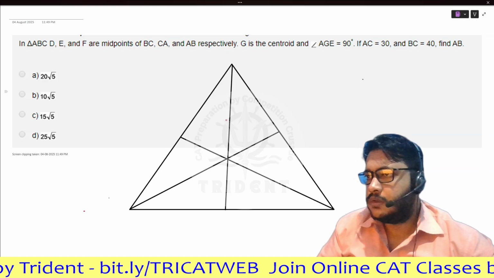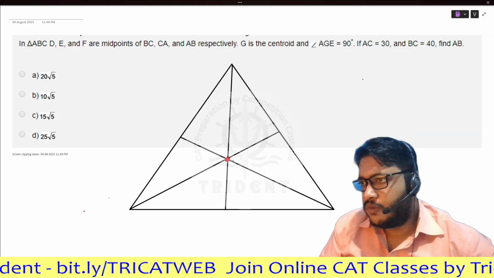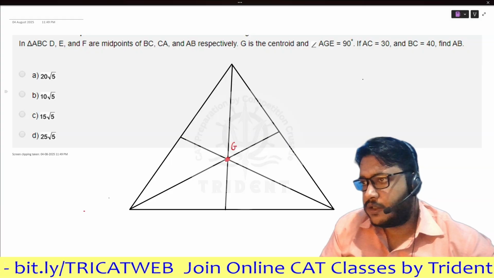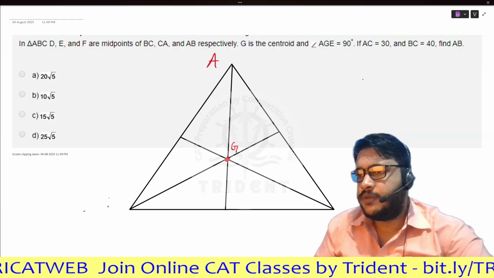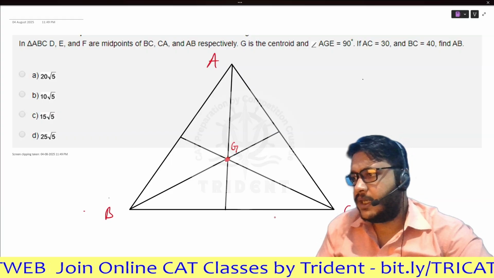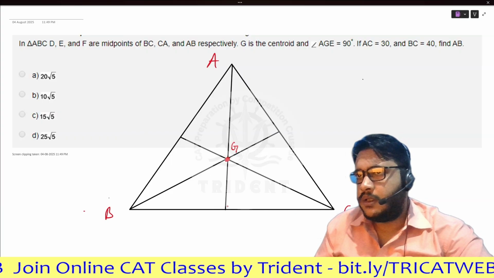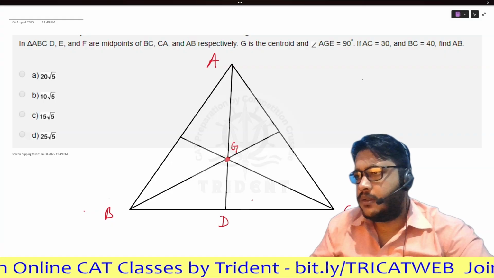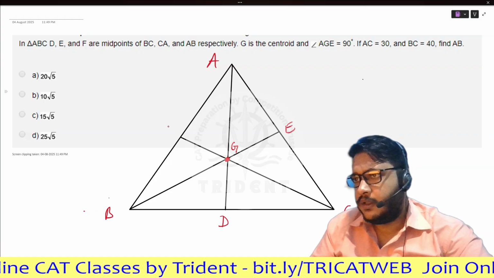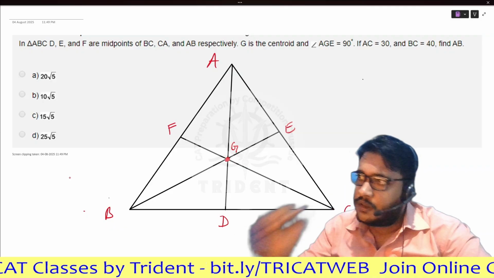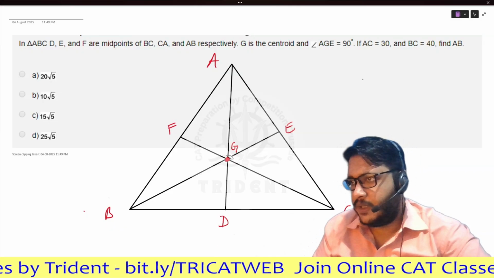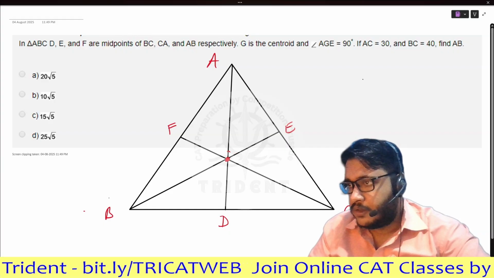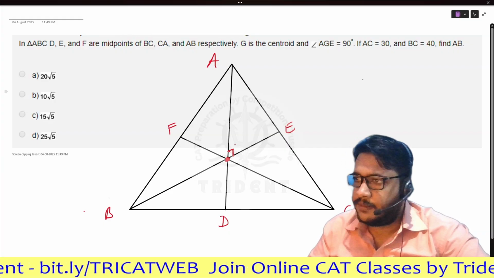Now this over there is definitely my centroid G. Let us consider this to be A, B, and C in that order. And F. G is the centroid, AGE is 90 degree. Okay, so that means this is 90 degree.